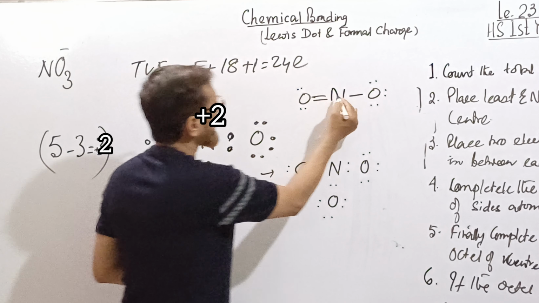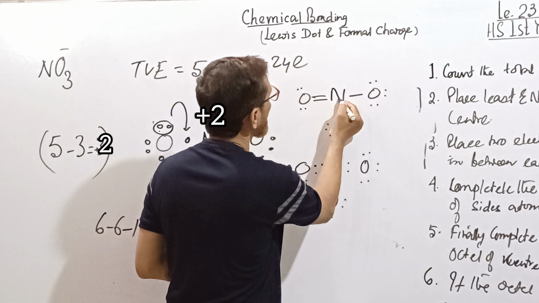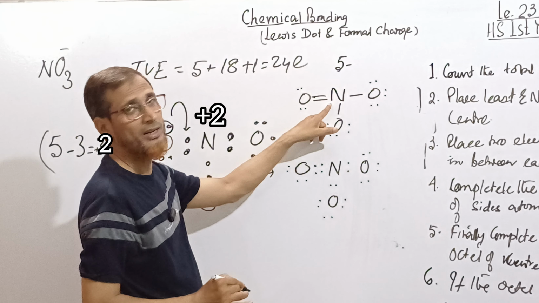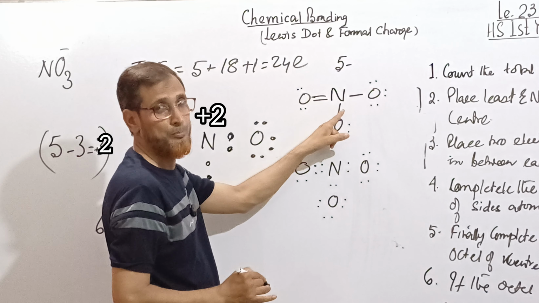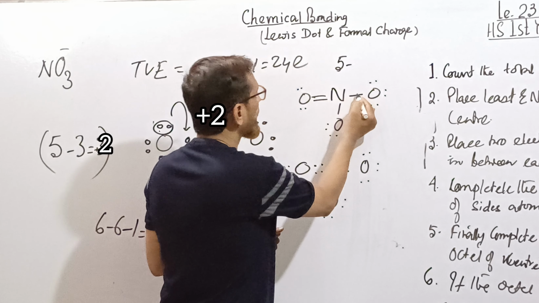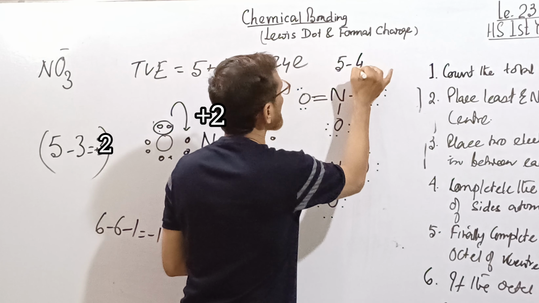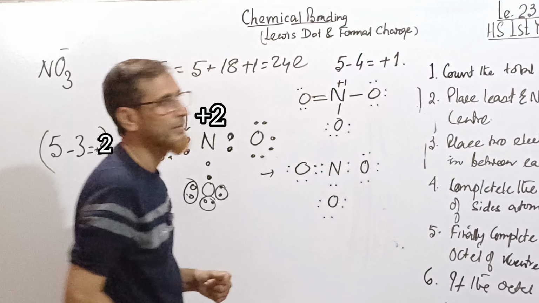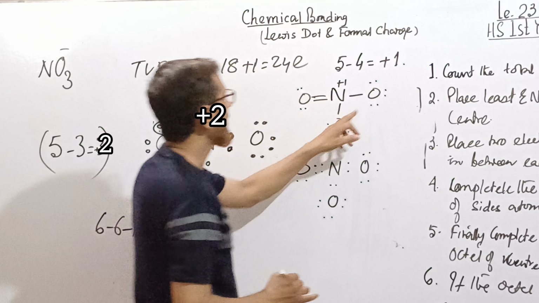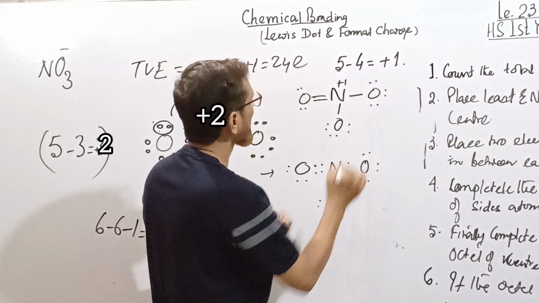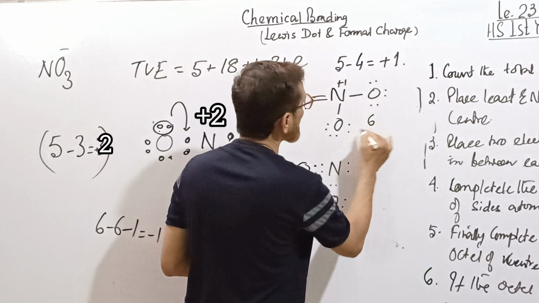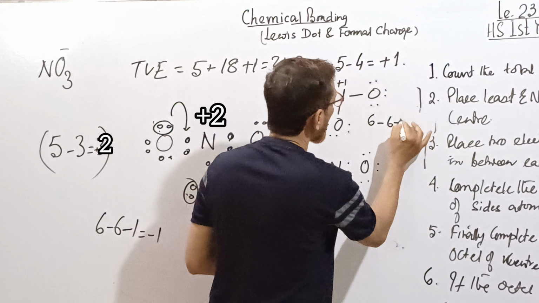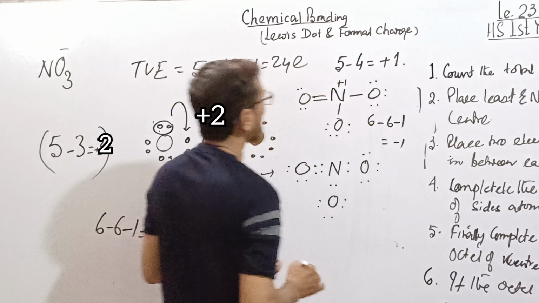So let's see what the formal charge is here. Valence electrons of nitrogen minus lone pairs, no lone pair, minus bonds. How many bonds? 1, 2, 3, 4. Here you are getting plus 1. And for this oxygen, valence electron is 6, lone pair electrons total 6, 1 bond, so minus 1.